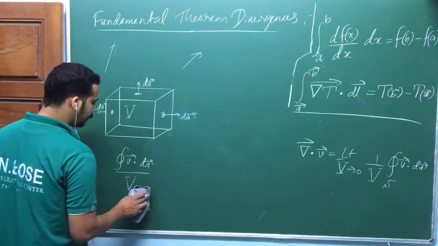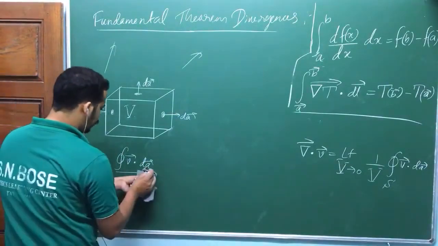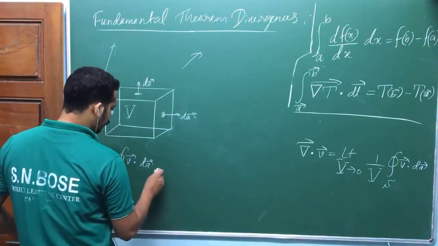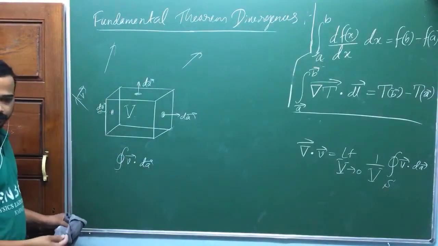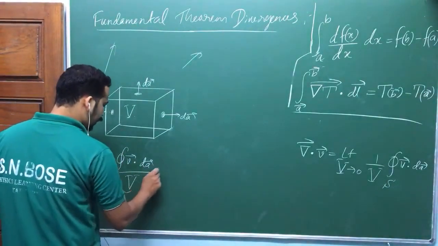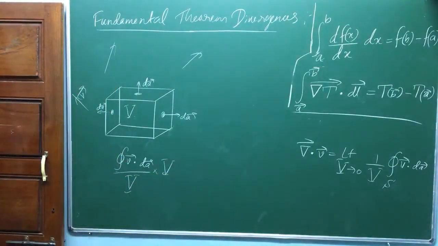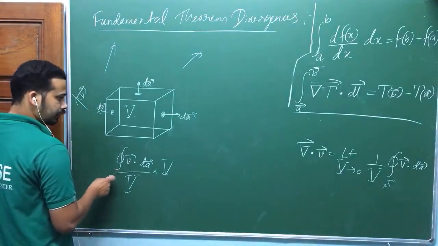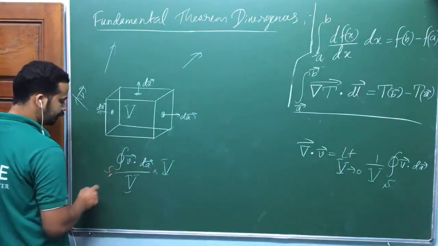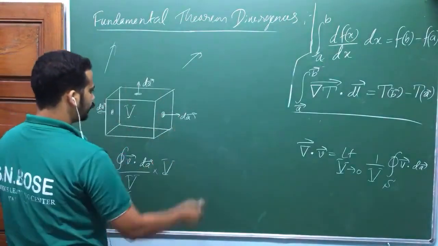Now if I multiply that with the volume, then this volume term will get cancelled, am I right? So let me write divide by V, and I'll multiply with the volume. I'll call that one S1. This is the first surface.